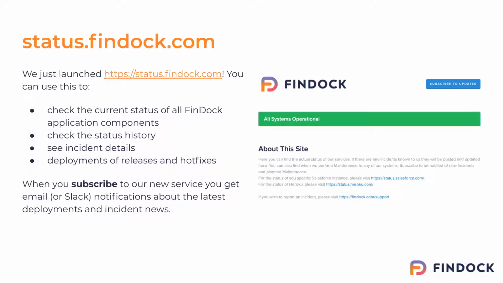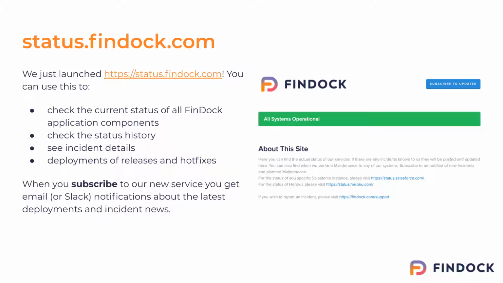So let's start with status.findock.com. In the last month, we launched status.findock.com, which you can use to see whether or not, for example, the processing hub is up, the web hub is up, whether or not giving pages is still working, but also you can see our upcoming releases. When we make a hotfix, this will be pushed.